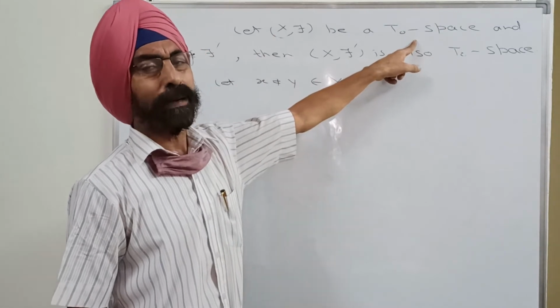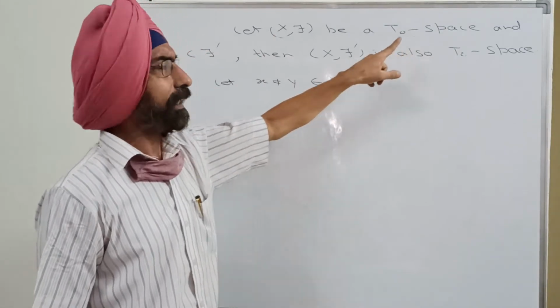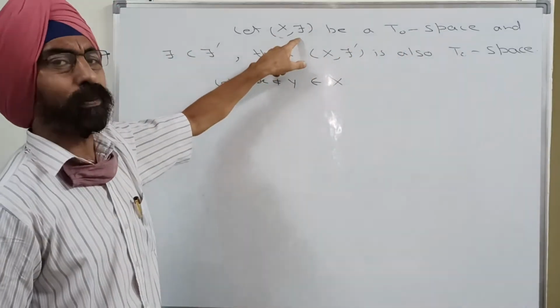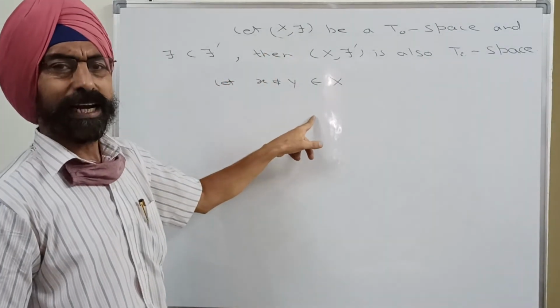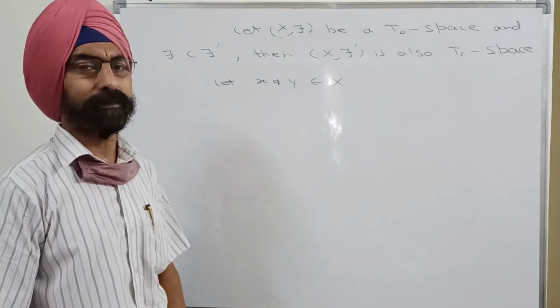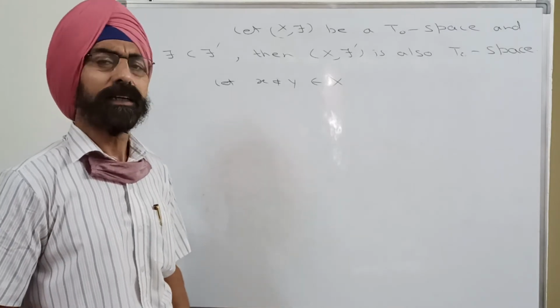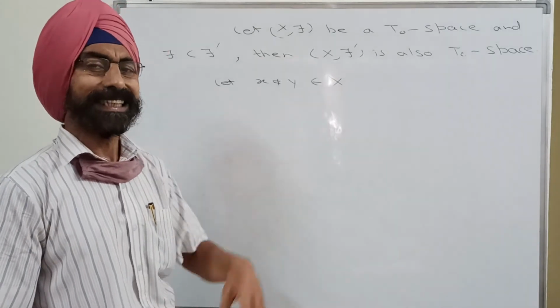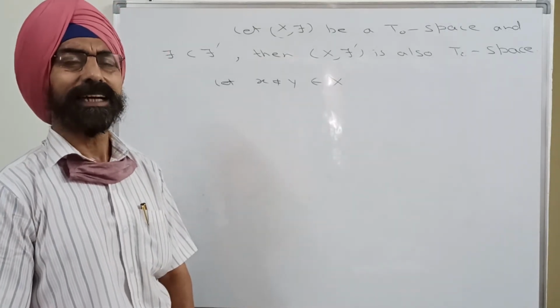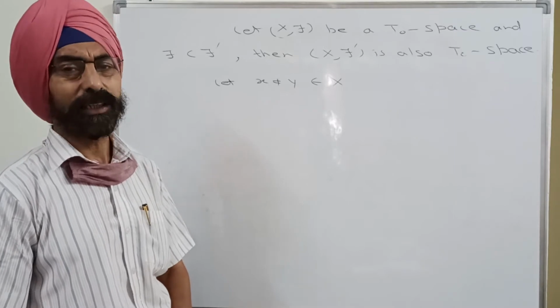That means by definition of T naught space, there must be a tau open set G containing one of them and not containing the other of them. So without loss of generality, we suppose that there exists a tau open set G which contains x and not containing y.